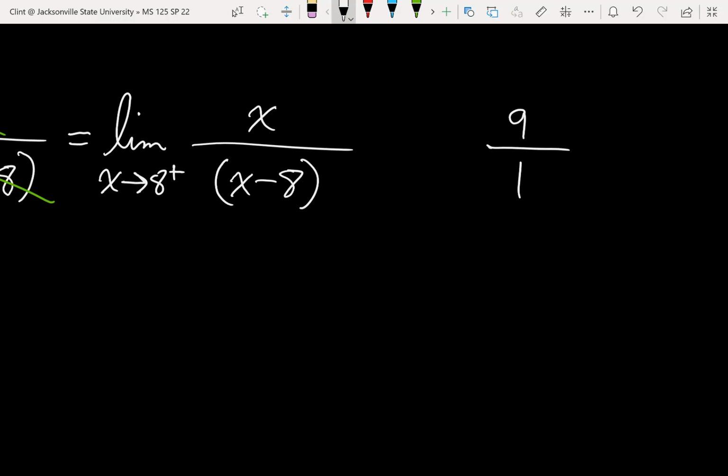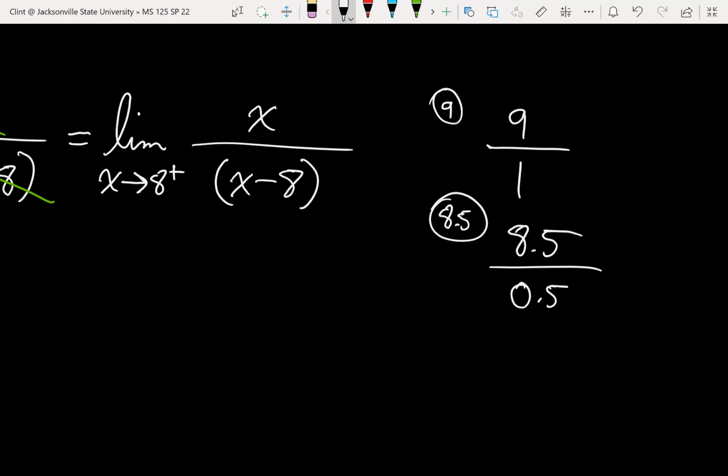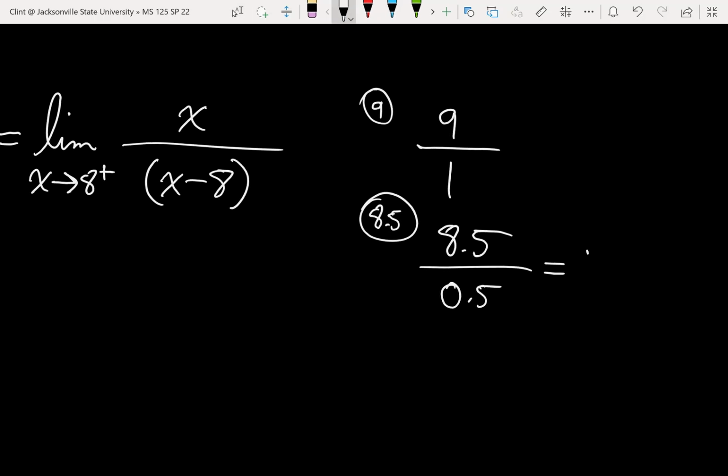If we do 8.5, getting a little closer, we have 8.5 over 8.5 minus 8, so 0.5, which is 17. I bet yours is coming from the other direction.